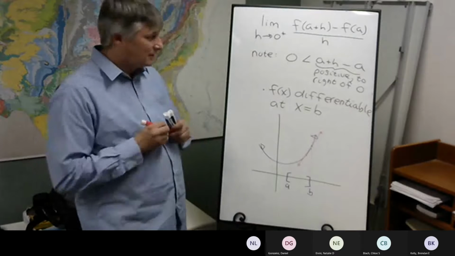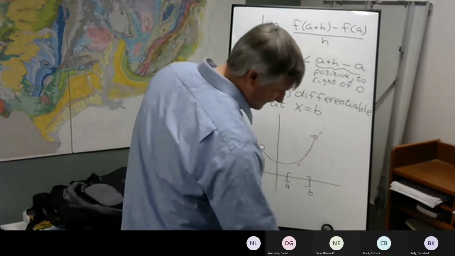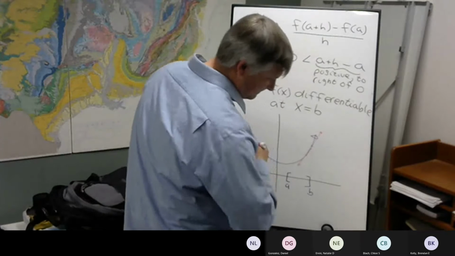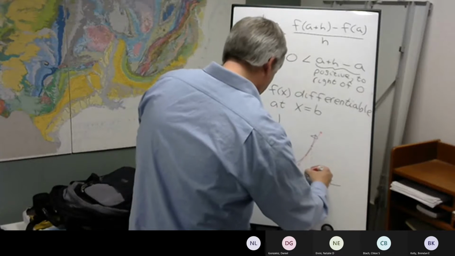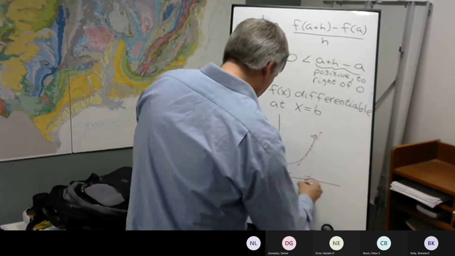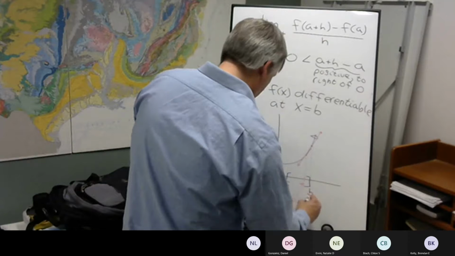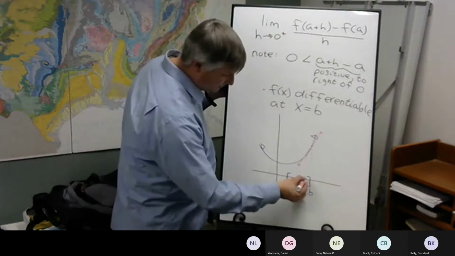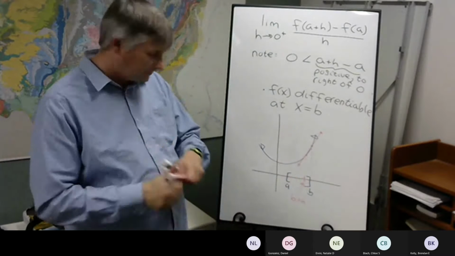So there's that secant line. Now this is going to seem kind of strange. This is b plus h, and I know that makes no sense based on what we've been doing.